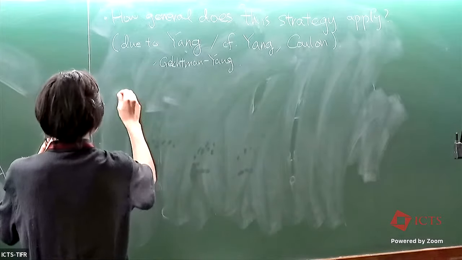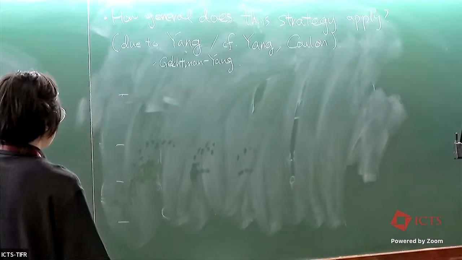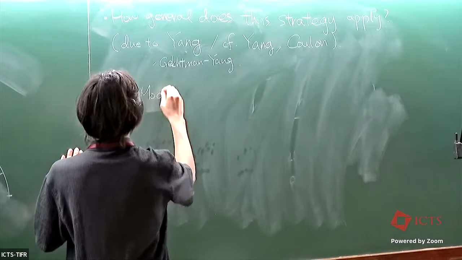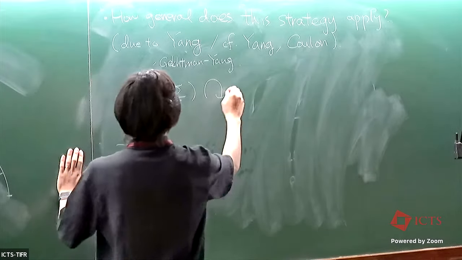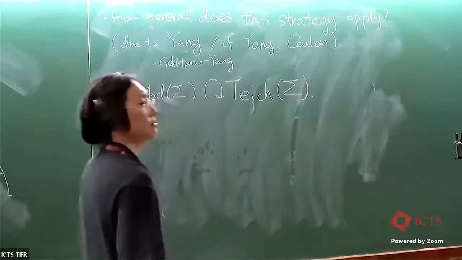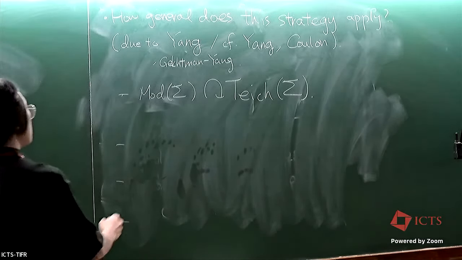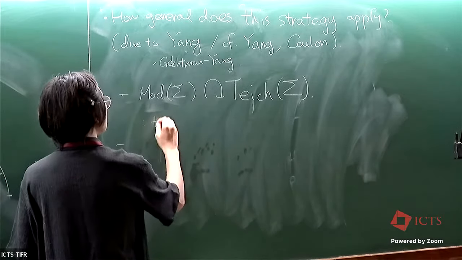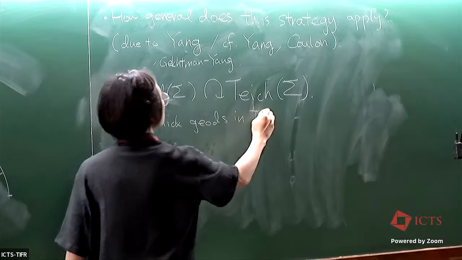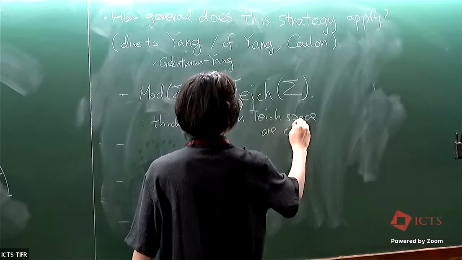So how general is this strategy? First, the mapping class group action on the Teichmüller space also entails some contracting geodesics and contracting isometries. Namely, the thick geodesics in Teichmüller space are strongly contracting.